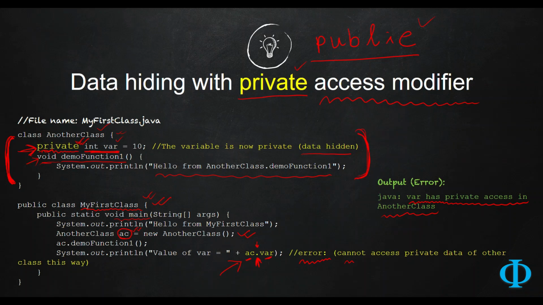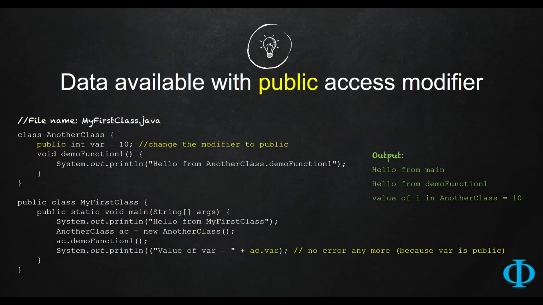Now, whenever you change this private keyword to public, just like this in here, you will see that the error is gone and it will print everything just like before. So that's the notion of private and public.